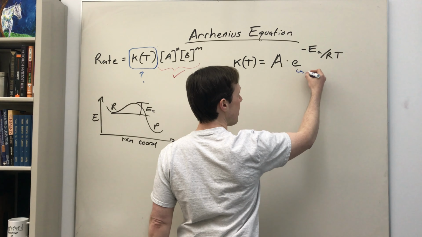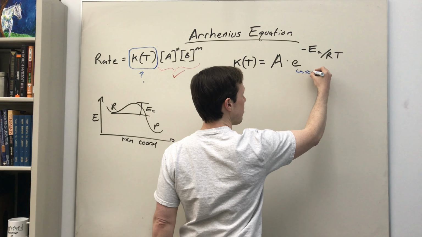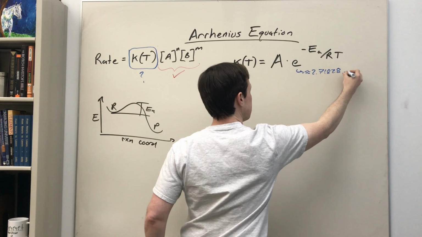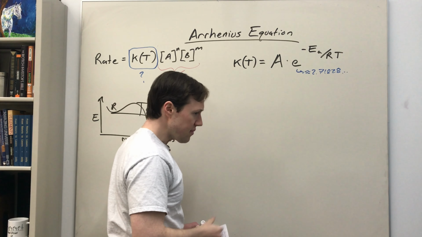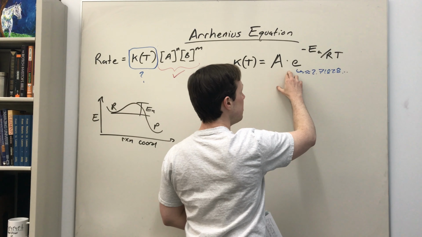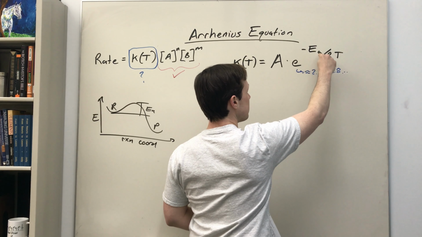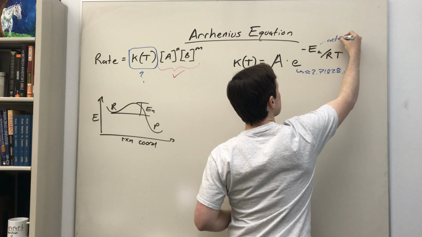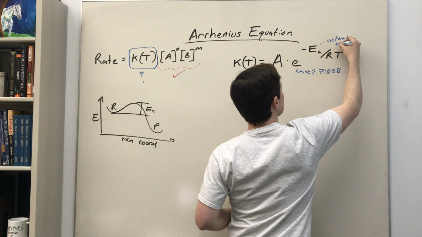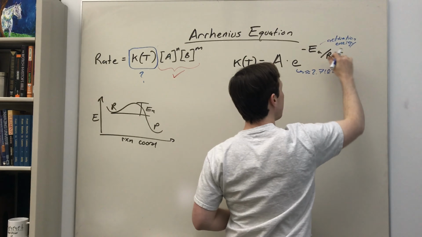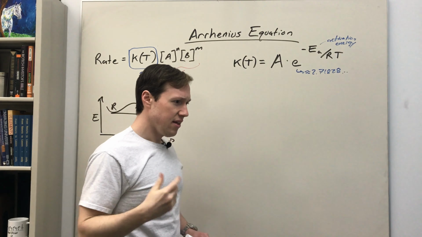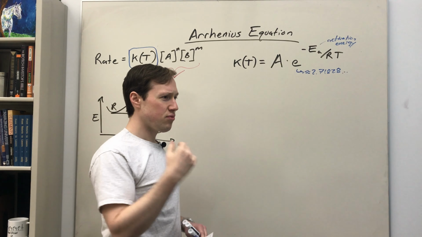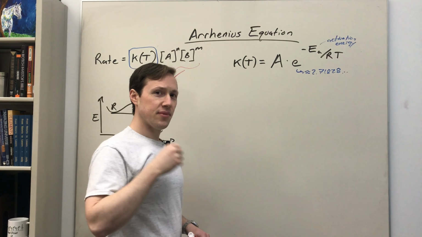Well, e, that's something we've seen already, right? That's our exponential. Not too bad there. And this e to something, in this case, our activation energy over RT, that actually looks a little bit like the equation that we were previously using to bring together equilibrium and thermodynamics.